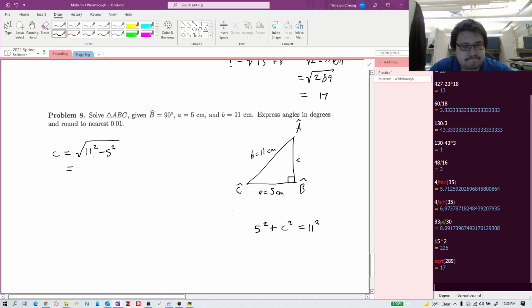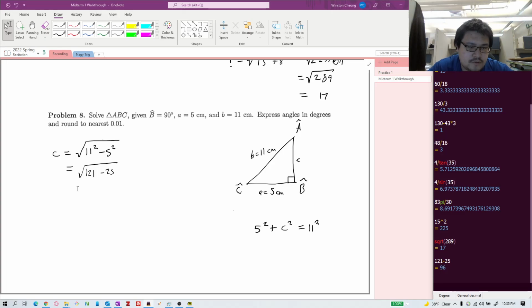And this isn't a perfect square, so we end up with 96. 121 minus 25 is 96, okay. Root 96.